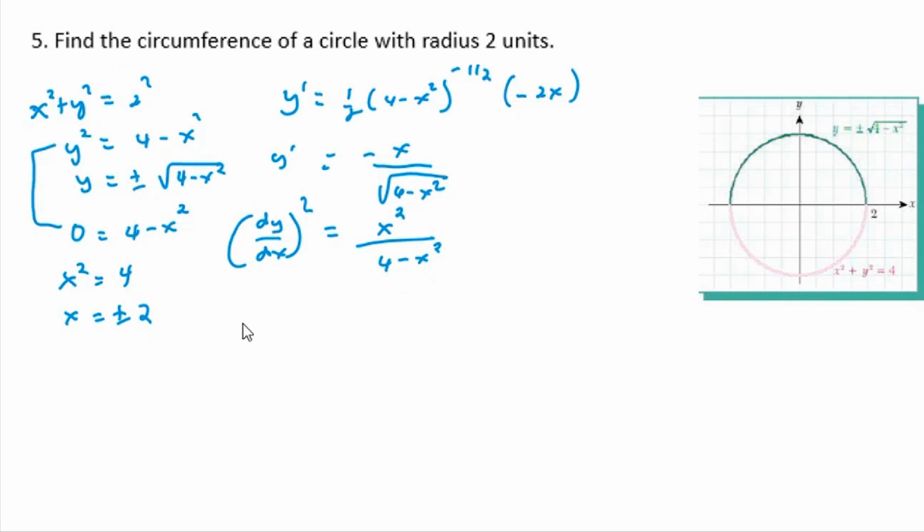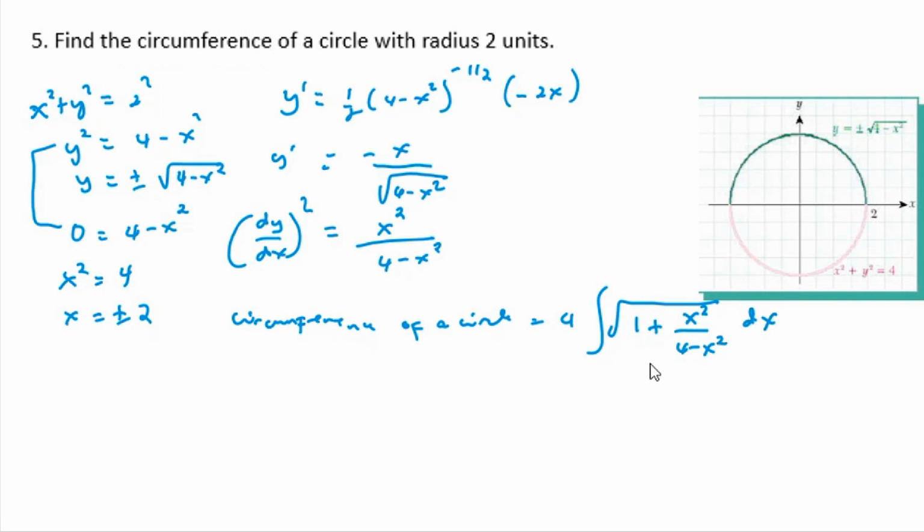So using now the formula for the circumference of a circle, it is equal to 4 times the integral of the square root of 1 plus the square of dy over dx, which is now x squared over 4 minus x squared, dx, from the interval of 0 to 2. We are only taking this one from 0 to 2, and we have 4 here because there are 4 quadrants.